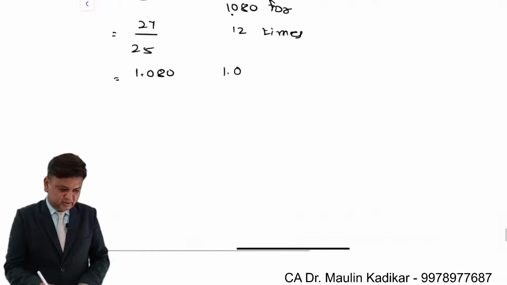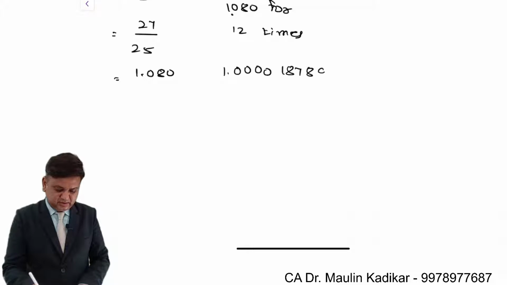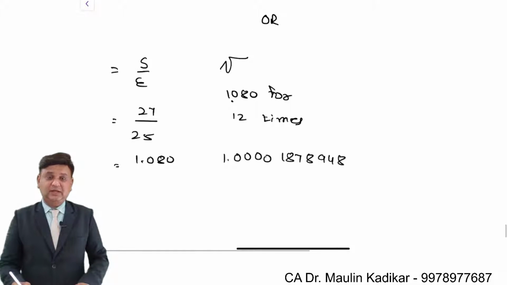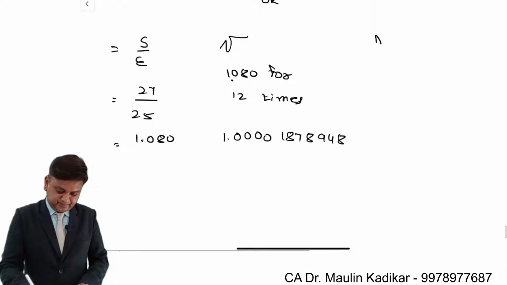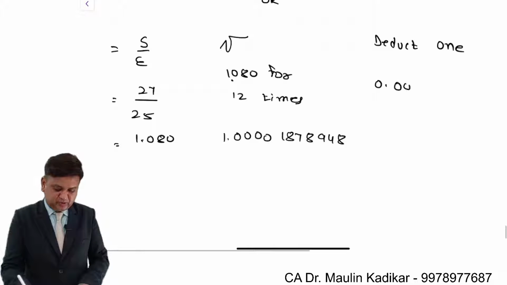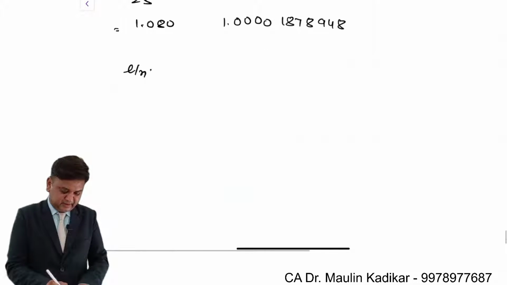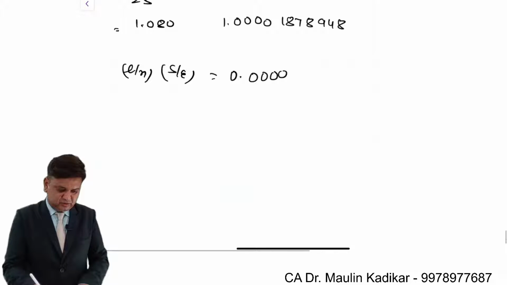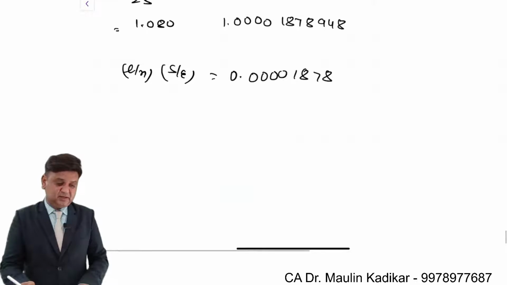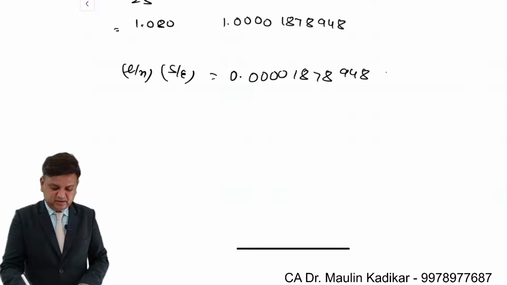So it is 2.518... Then we'll deduct 1 from it, so we have 1.518... Then the final answer is 0.4 times ... into 4096.